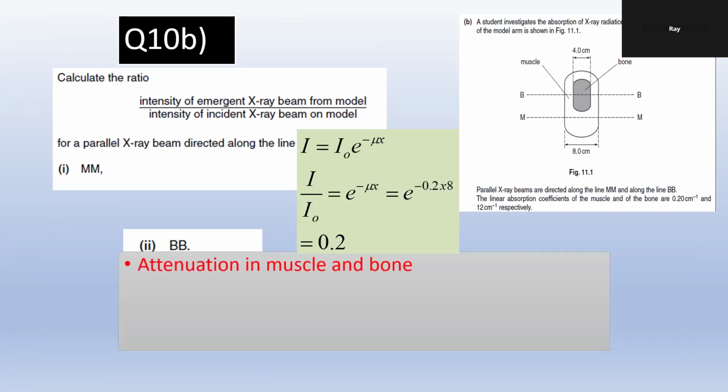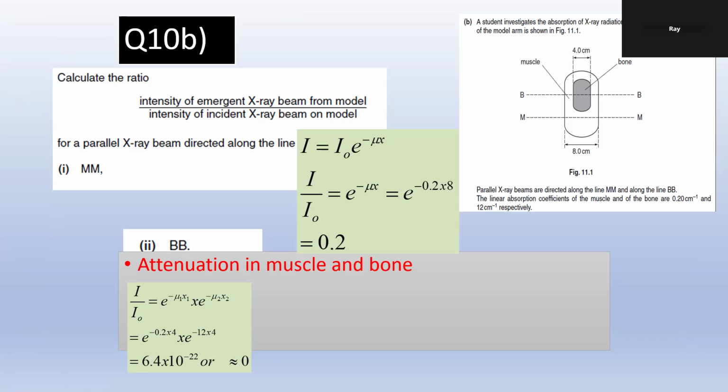BB is 4 cm. Bone is 4 cm, muscle is also 4 cm. Attenuation in muscle and bone: this is multiply, one for bone, one for muscle, one for bone, and both of them 4 cm. So it's very small, almost approximate to zero.